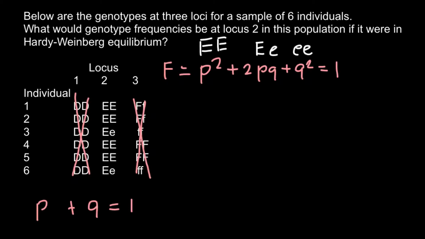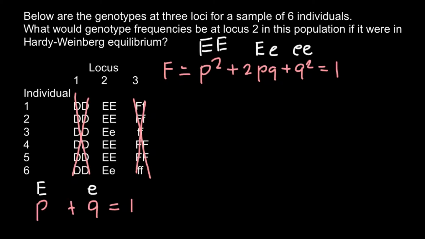And P, as you already saw, equals capital E, or dominant allele E, and Q is recessive allele e in our calculations. So now we have to find the frequencies of the P and Q alleles, so we can use these frequencies in our formula.